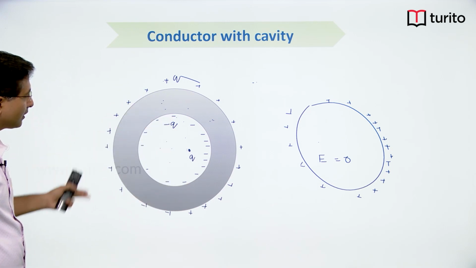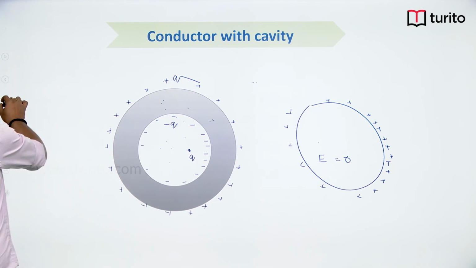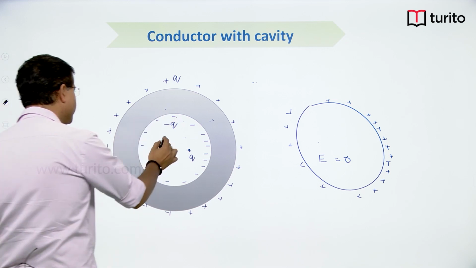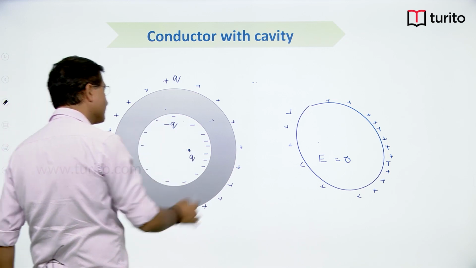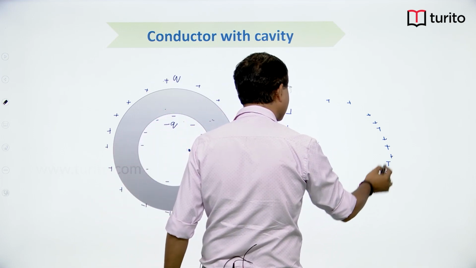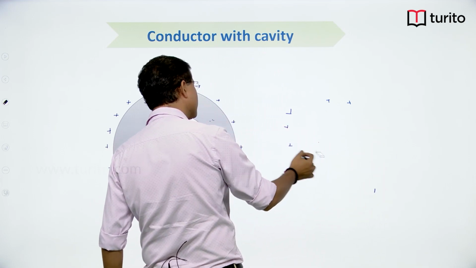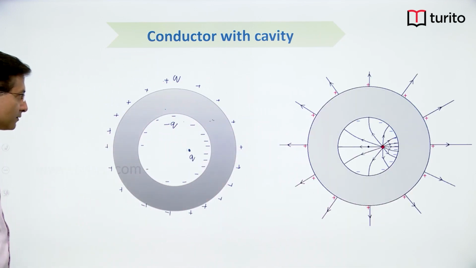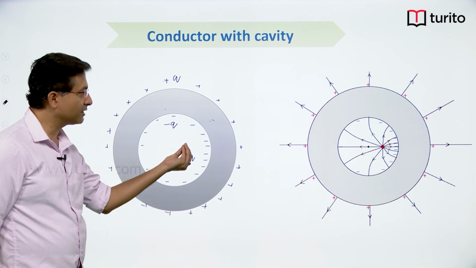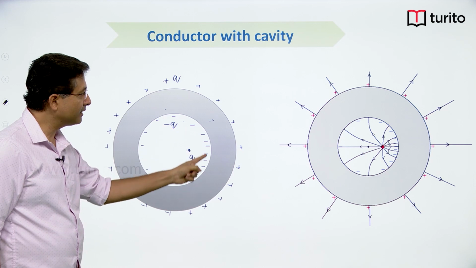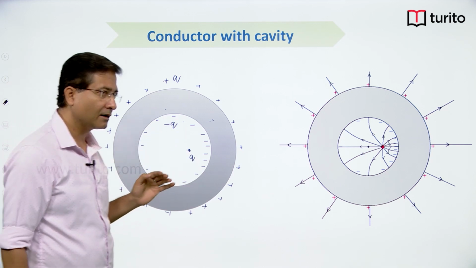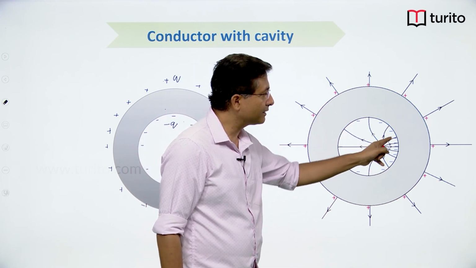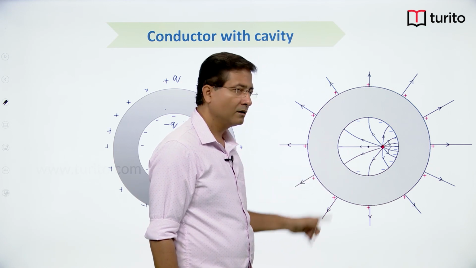Now let us see how field lines will be there in space. See, lines will be originating from positive charge and terminating at negative charge appearing on the inner wall of the cavity. So lines start from here and get terminated at the negative charge appearing on the wall of the cavity.